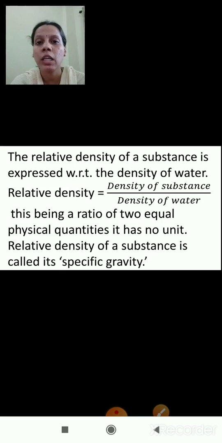But if you want to write the density of water in gram per cm cube, then you will write 1 gram per cm cube. I hope we are clear with the difference. If you want to write density of water in kilograms, you write 10 raised to 3 kilogram per meter cube, and if you want to write it in grams, you write 1 gram per cm cube.